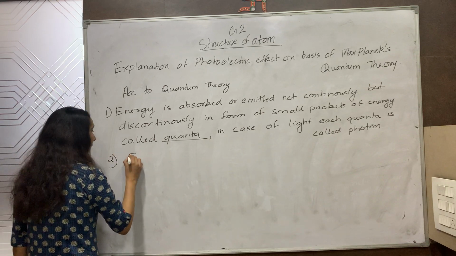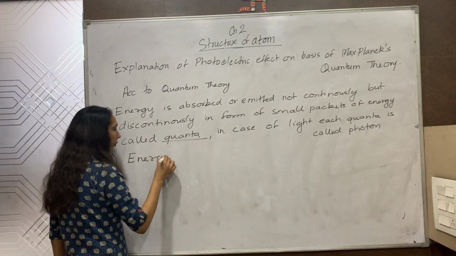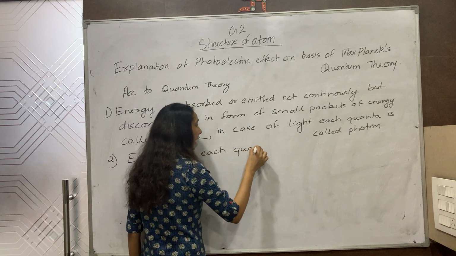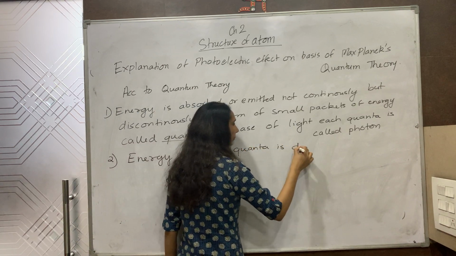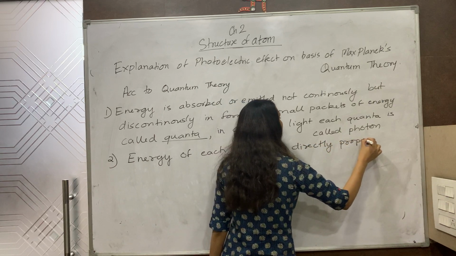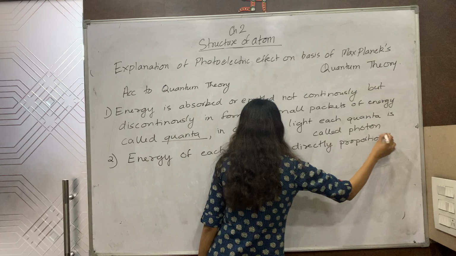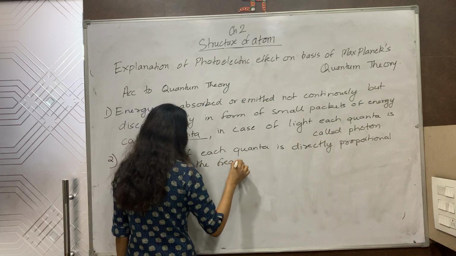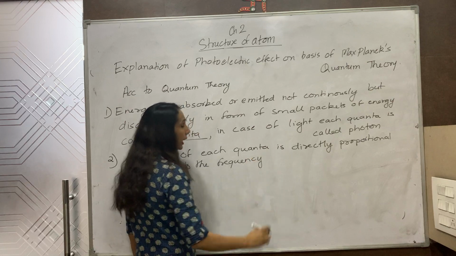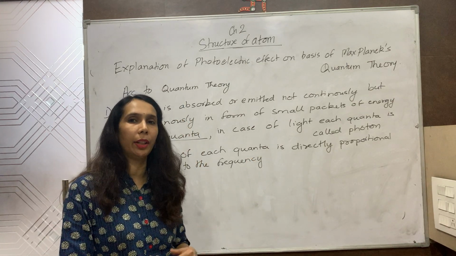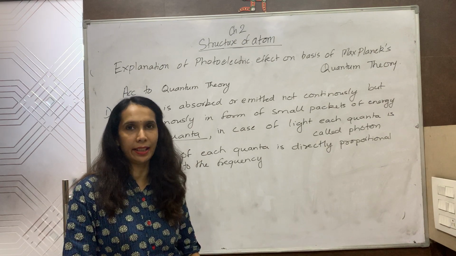Secondly, he said the energy of each quantum is directly proportional to the frequency. So he first time related energy to frequency, because we know that according to electromagnetic wave theory, energy depends upon intensity.